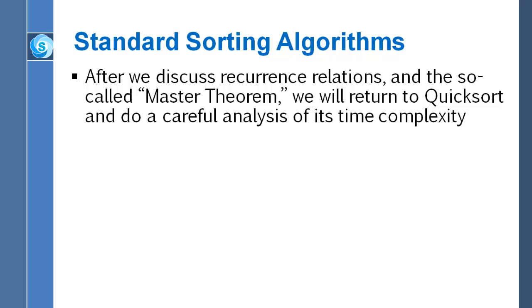We're going to later return to a careful, or at least a more careful, analysis of quicksort and its time complexity after we discuss recurrence relations and something that the book of Cormen et al. refers to as the master theorem.